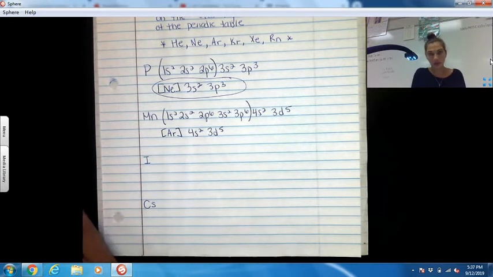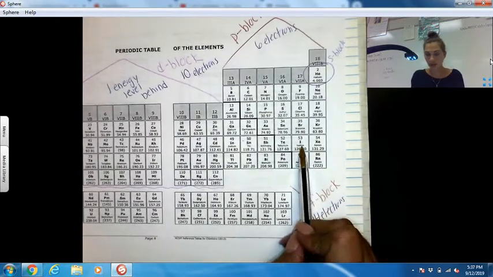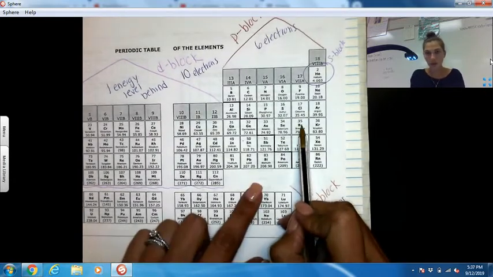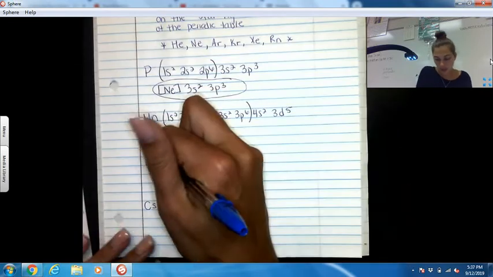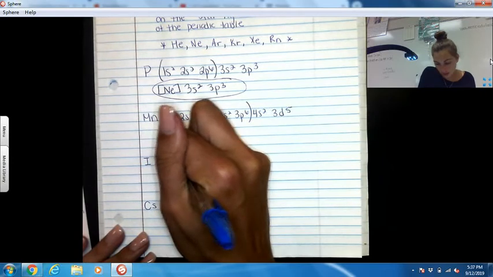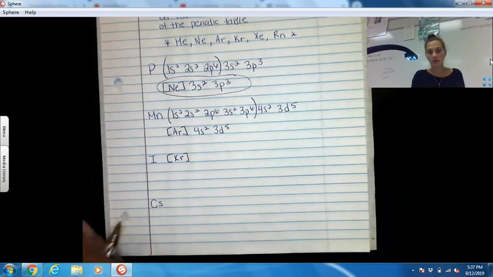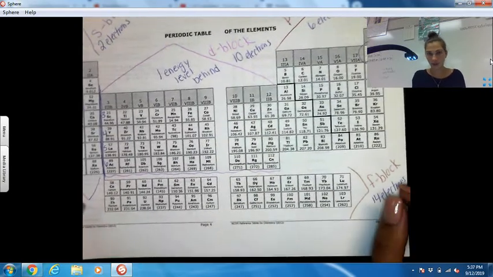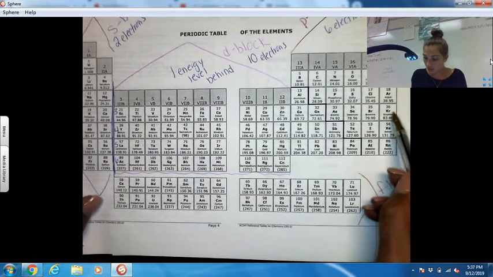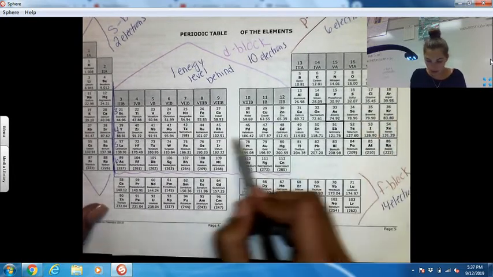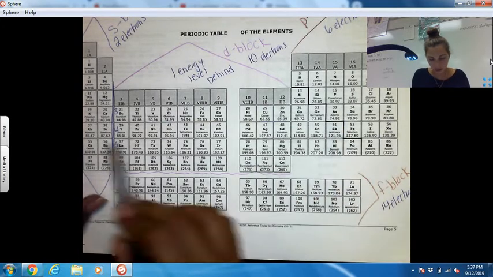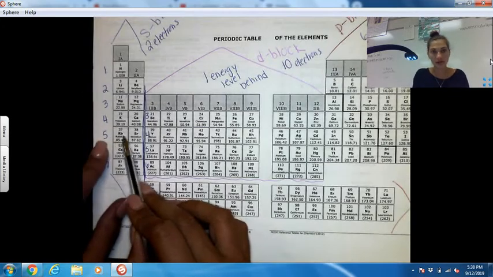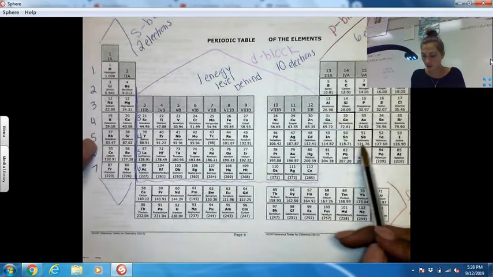Okay? All right, so now for iodine and cesium, I am just going to do the noble gas configuration. So iodine is all the way down here, so I go one up and all the way over, so krypton is my noble gas. So I put that into brackets, and then I continue my noble gas configuration afterwards. So after krypton, I am now in my 5s. So I'm trying to get all the way to iodine, remember.